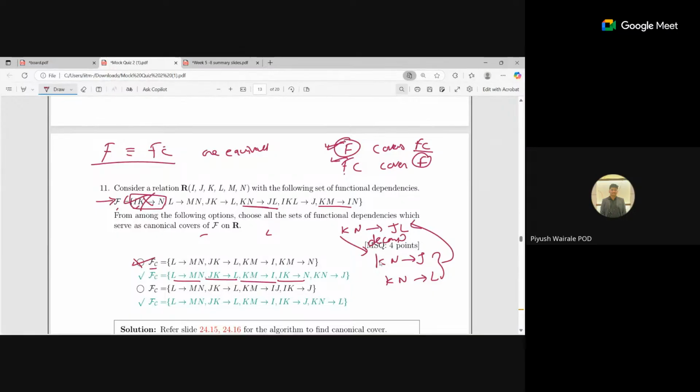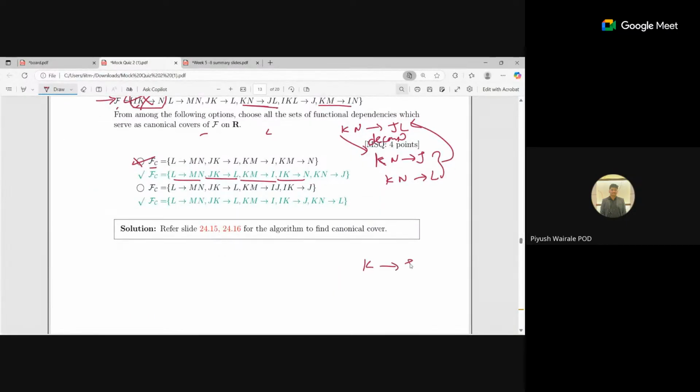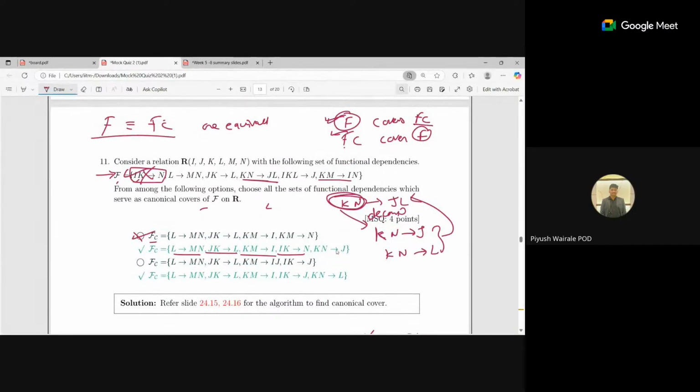We can only decompose or apply the union rule on the right-hand side. I cannot write K determines JL or N determines JL. You cannot decompose the left-hand side; you can decompose the right-hand side. So this is what the decomposition and union rule are. So KN determines J, yes.